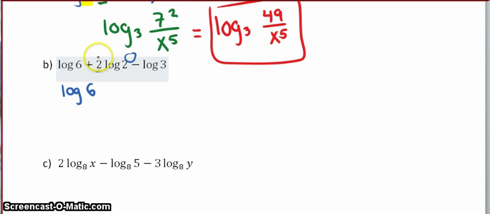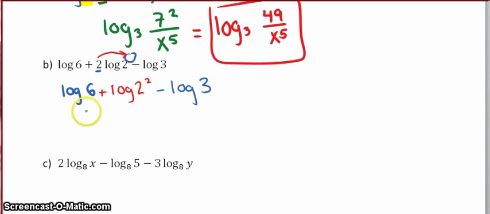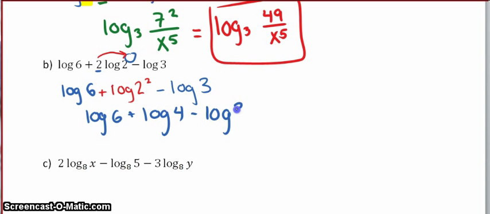This 2 is going to become the exponent of our 2 here. This becomes plus log of 2 to the 2nd power. And our minus log of 3 will stay the same. I'm going to simplify as we go and just make this 2 squared 4. This makes it a little cleaner, and I just like things to be simple. This becomes log of 6 plus log of 4 minus log of 3.